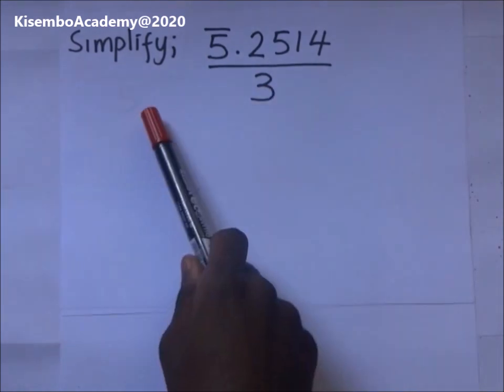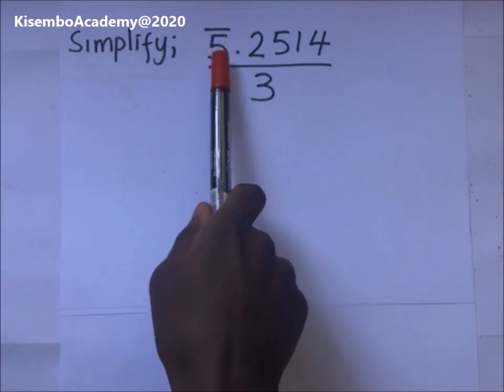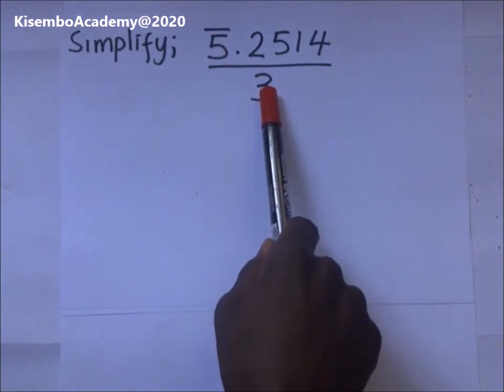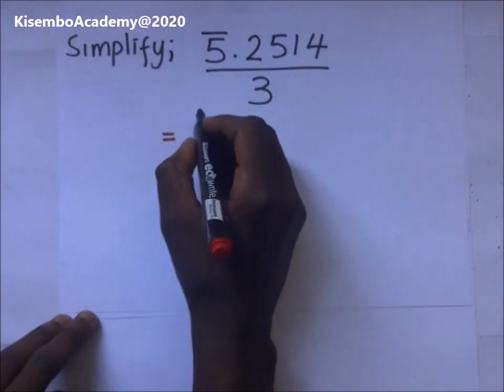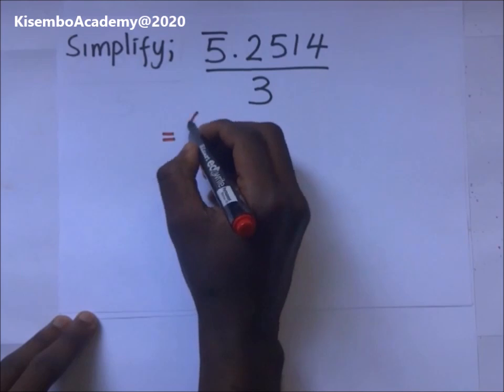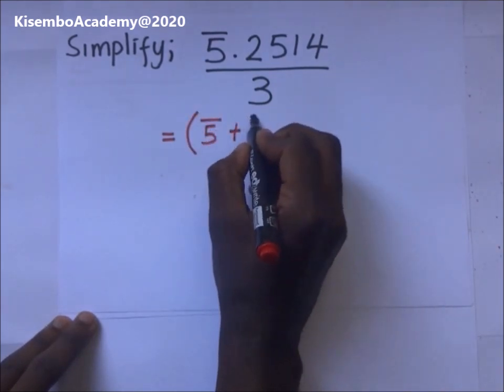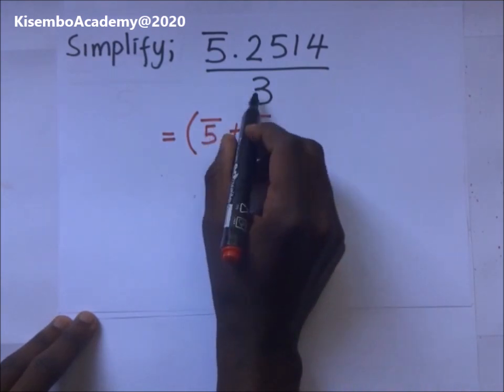So what do we do? We are supposed to increase this negative characteristic to the next integer so that it is divisible by 3. So this is going to become 5 bar plus 1, because 5 plus 1 is going to give us 6, and 6 is divisible by 3.